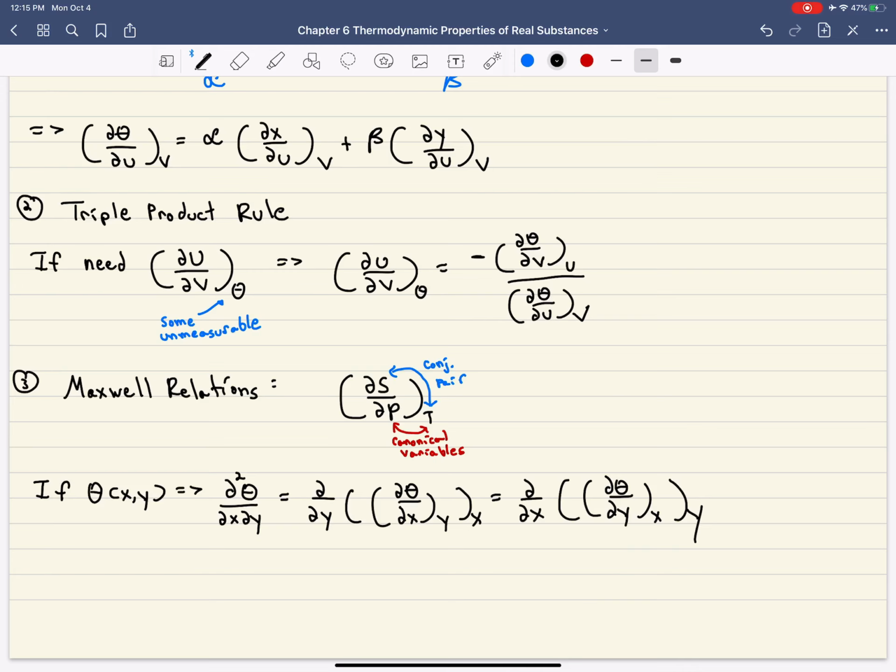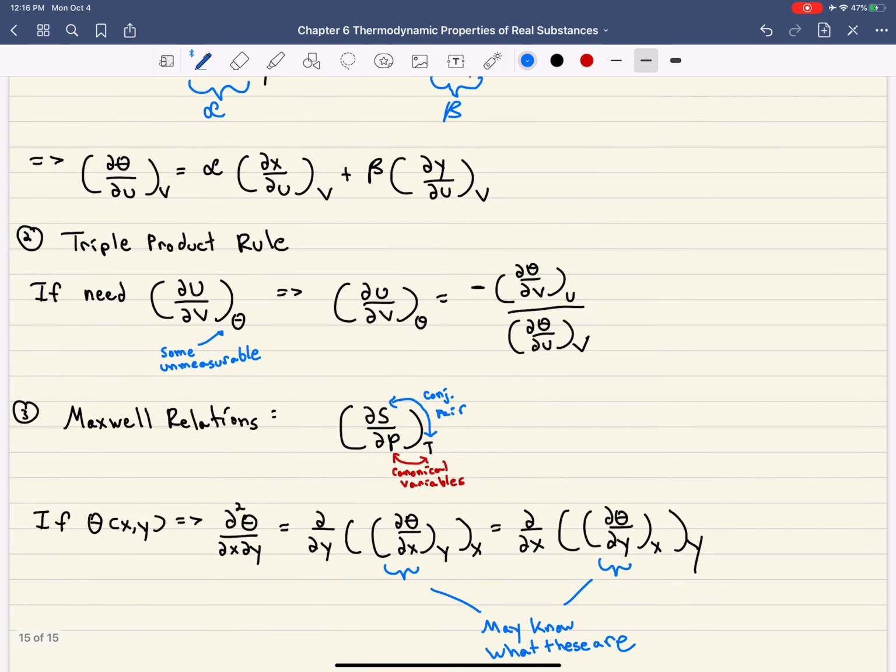This can be useful because in some cases we may know what these things are, and it helps us relate different variables to one another.